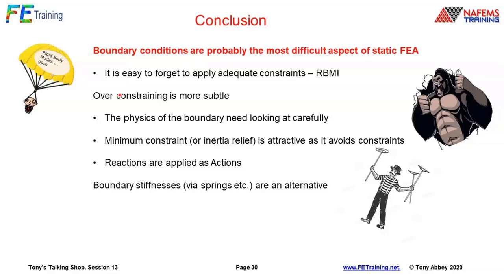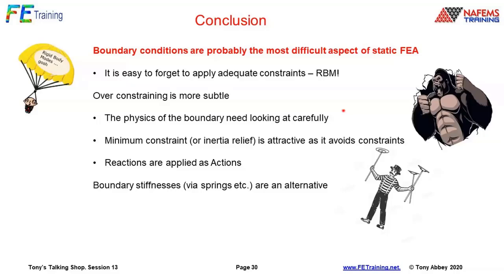Over-constraining is more subtle. Now, this guy doesn't look very subtle, but basically, you don't always realize you've over-constrained a model. We had the beam there. Too much constraint is applied. The structure is not compliant enough. It wants to be able to respond in a more natural, unconstrained way. So over-constraining is subtle.